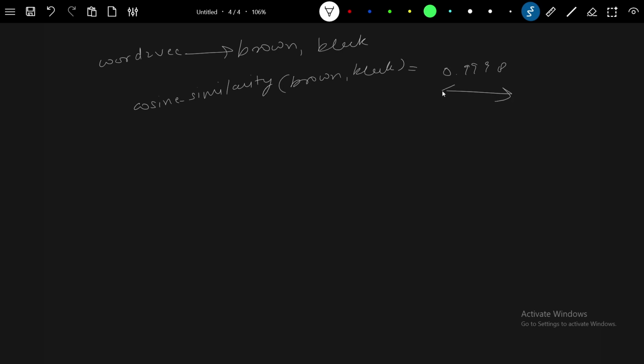If we use word2vec to generate the vectors for brown and black, you can try that, and pass the vectors you get into the cosine similarity function for brown and black, you'll get a cosine similarity of somewhere around 0.9998, which says these two values are quite similar.